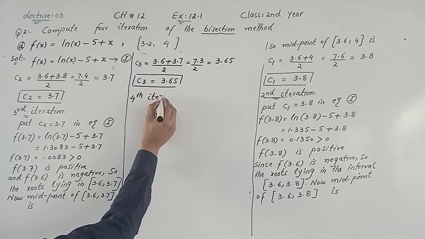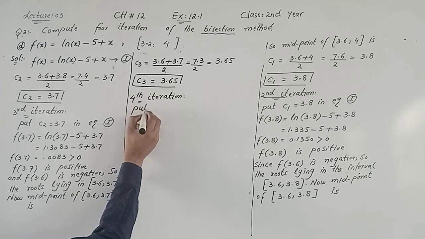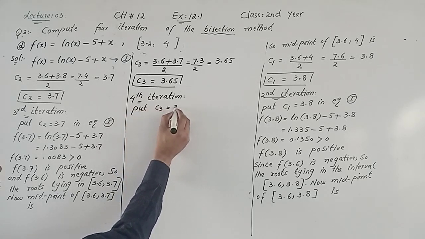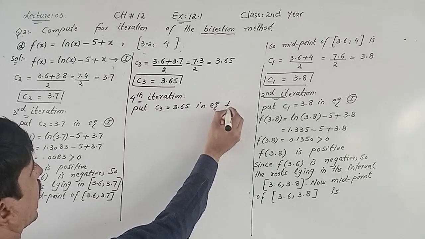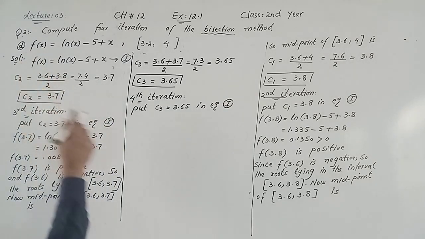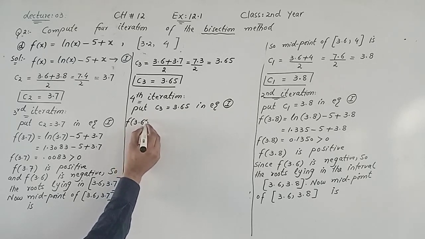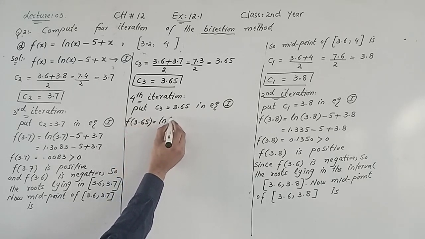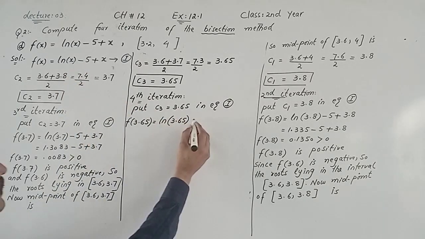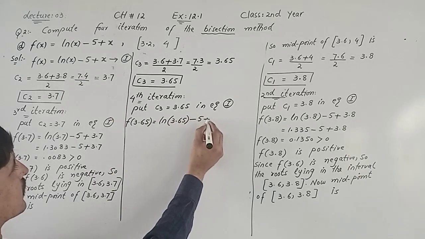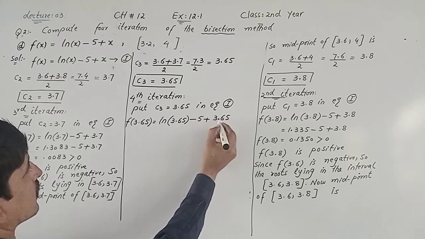Now the last iteration, fourth iteration, for this value of C3, put C3 which is 3.65 in equation 1, तो हमारे पास आ जाएगा f of x की जगह 3.65 is equal to log of 3.65 minus 5 plus x की जगह 3.65.